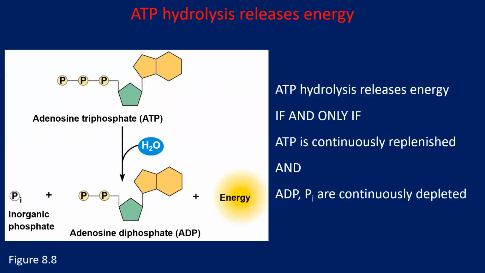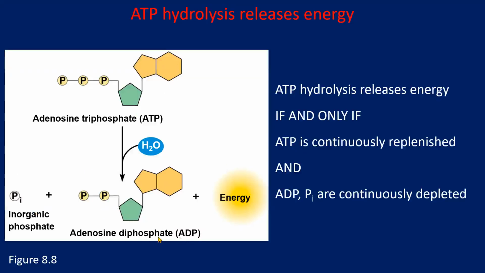Again, coming back to ATP hydrolysis: it can release a constant amount of energy only if ATPs are continuously replenished, and the product, ADP and Pi, is continuously depleted. So you are using this energy, and this has to be recycled.